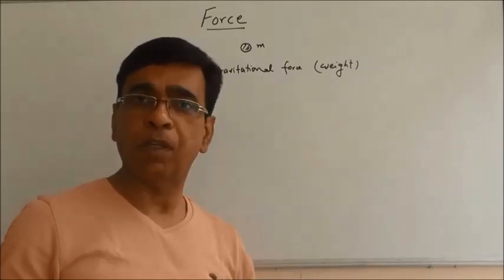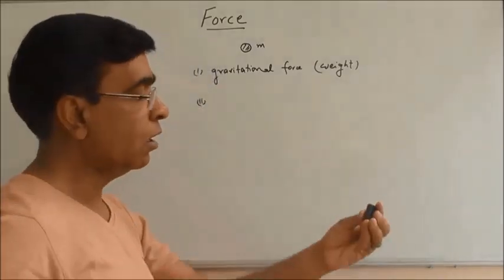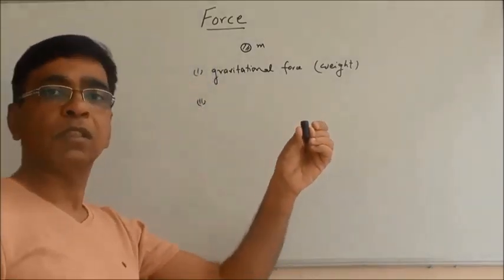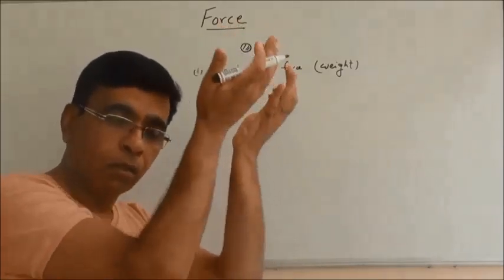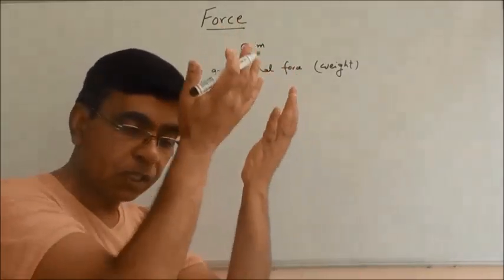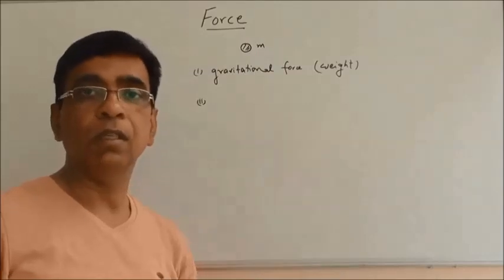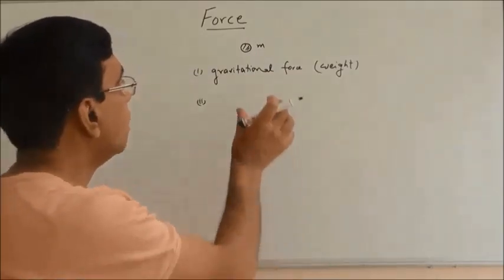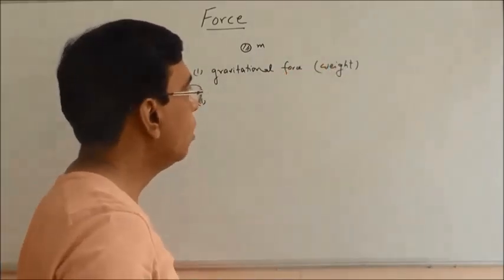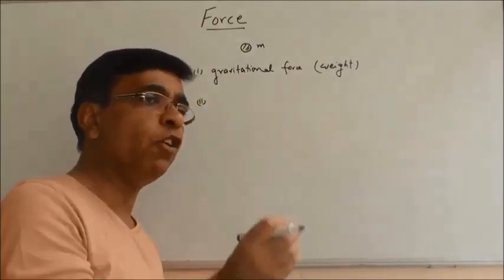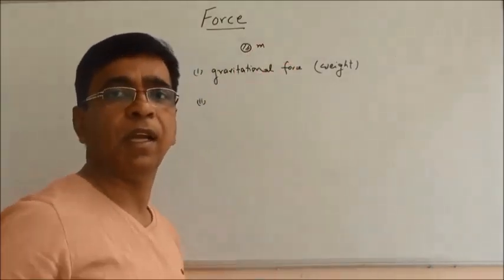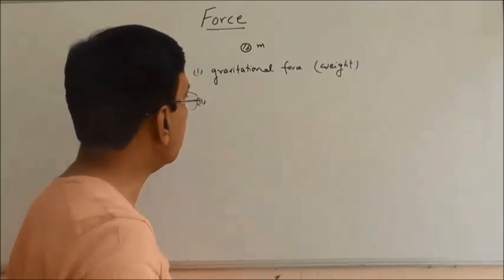There is a separate topic for gravitational force. But for the time being, keep in mind that whenever objects are left, there is weight pulling all of us in the downward direction towards the center of the Earth actually. So this is gravitational force or weight. For every object, there will be a weight acting downward. This force will be there.